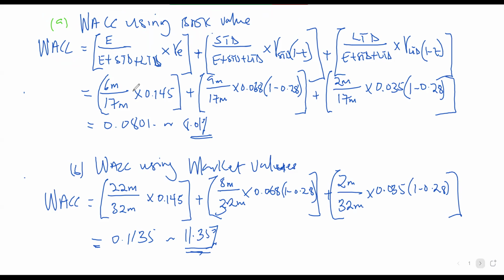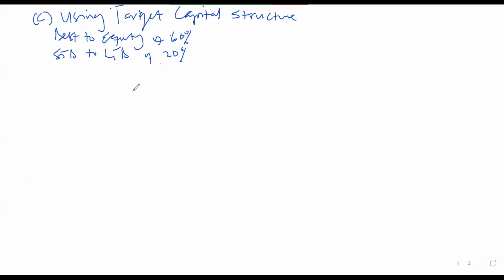So if I know that the debt to equity ratio, D over E, is equal to 60%, then the weight of equity should be equal to what? The value of equity over equity plus debt. Is that not so?